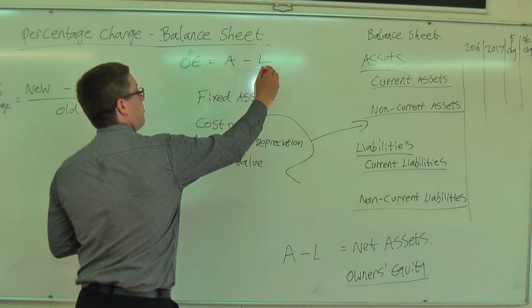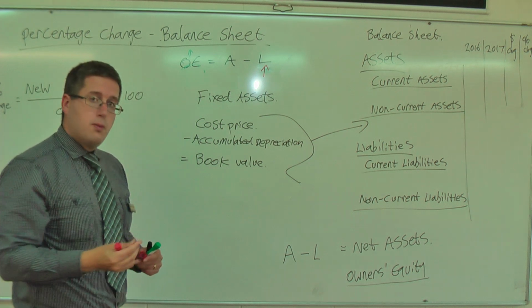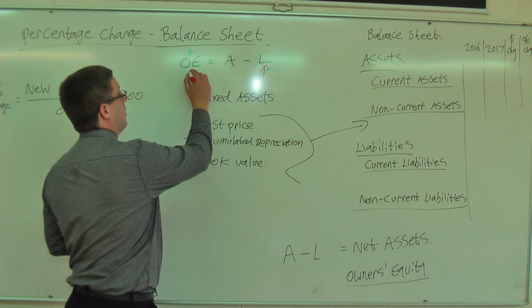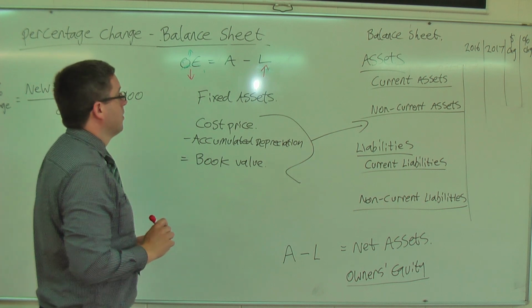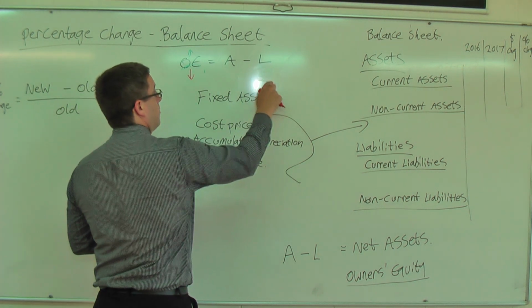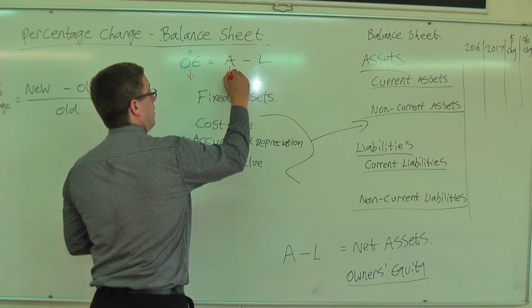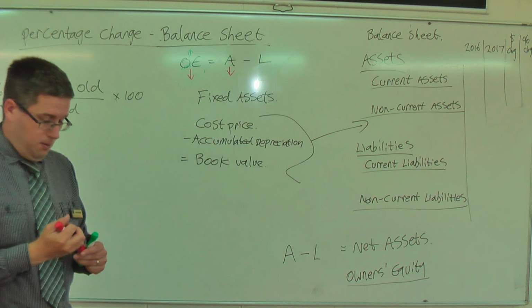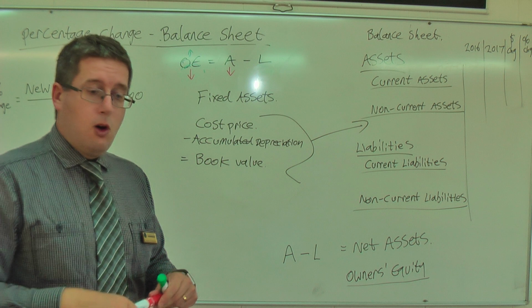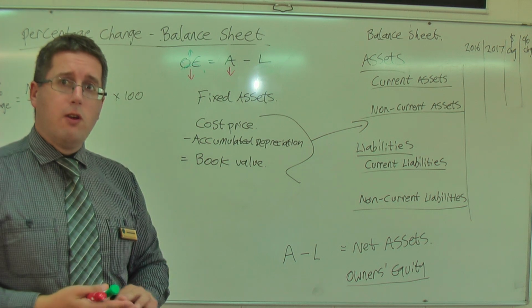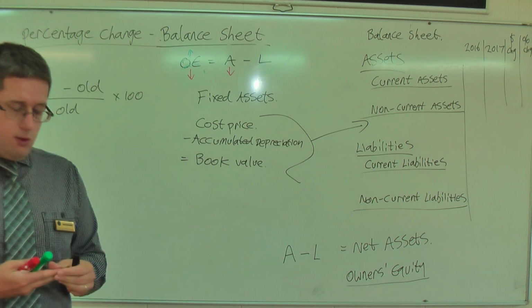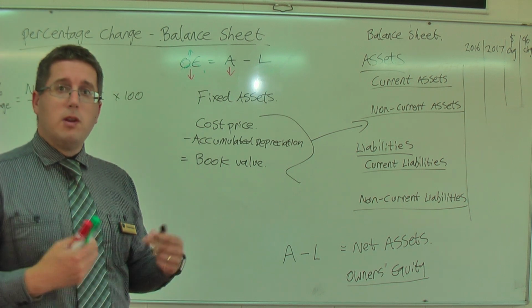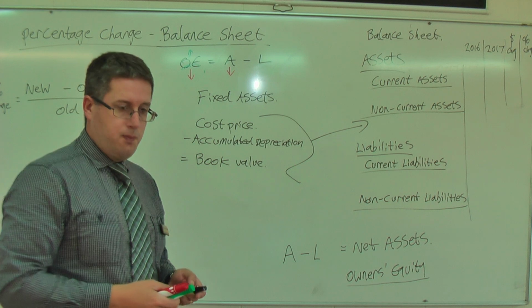If liabilities, say, were the only thing to go up, then that would mean our owner's equity would be going down. Or alternatively, maybe assets are going down. So therefore, owner's equity also has to go down. Generally, if the result is owner's equity is going up, it's a favourable thing overall in the business.